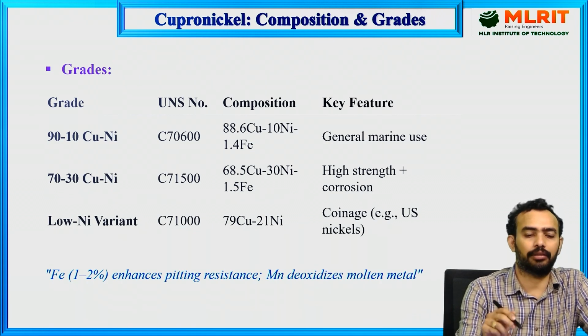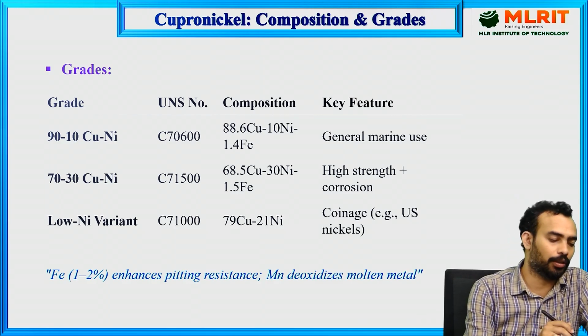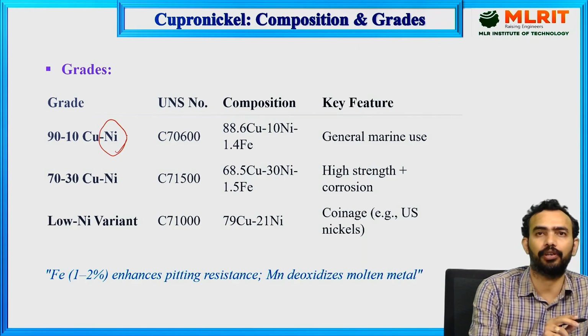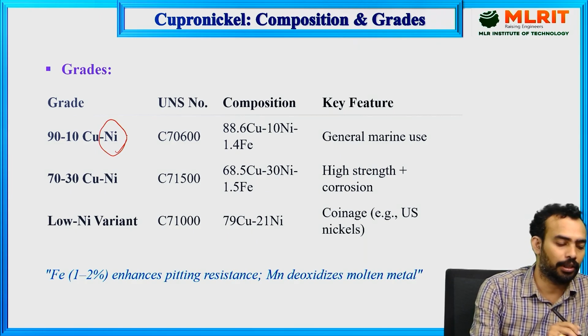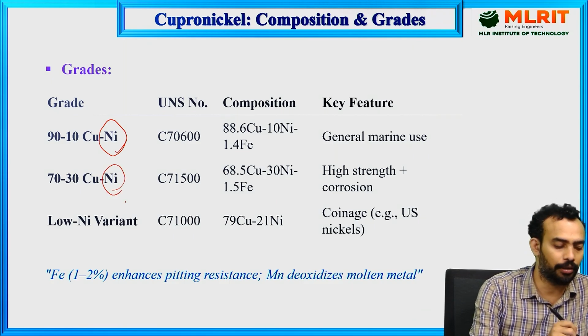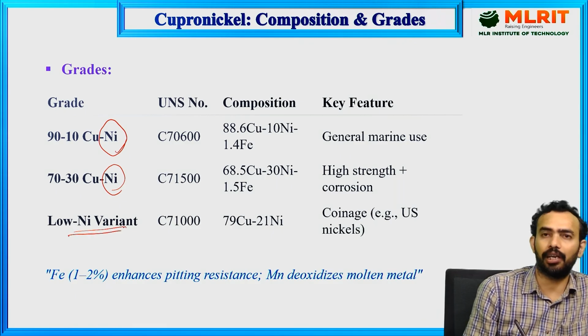If you look at the composition and the grades, we have 90-10, where 10% of nickel is considered in the copper. Then we have 30% nickel, called 70-30 copper nickel. Then we have a very low nickel variant as well.